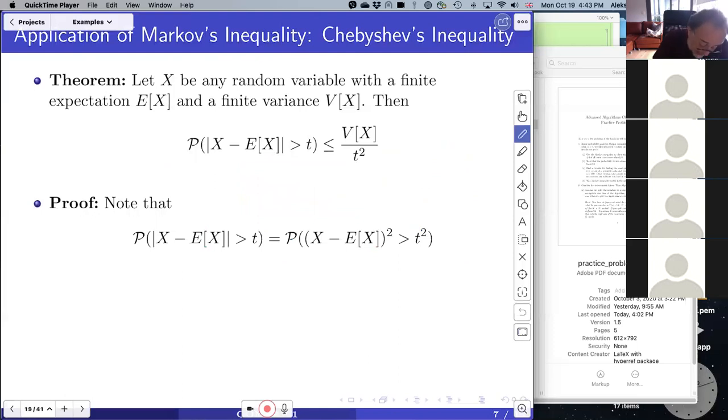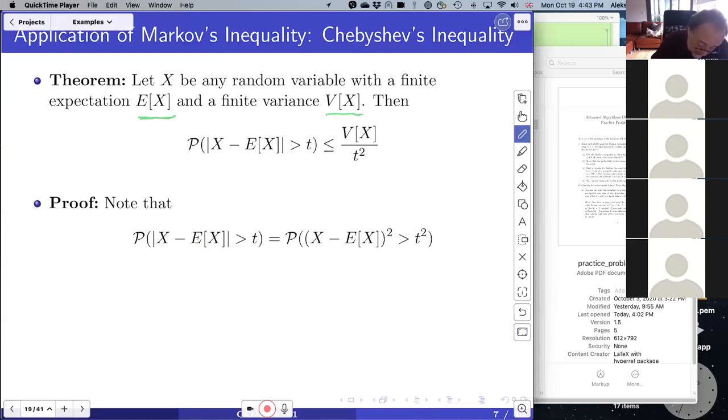Chebyshev actually assumes more. So it doesn't assume that x is positive, right? But it assumes that it has not only finite expectation, but it also has a finite variance v.